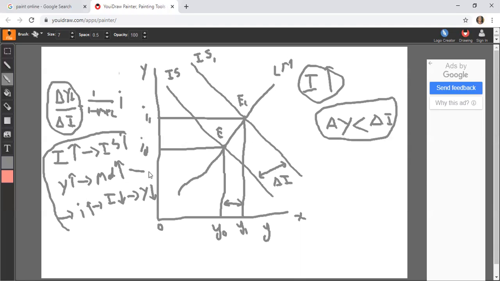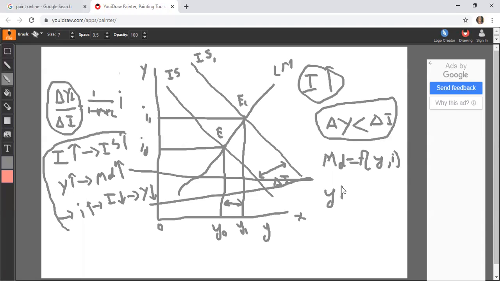And this actually comes out of two important interpretations. One is that we know that demand for money is a function of two things: income and interest rate. As income increases, demand for money increases because of this relation.